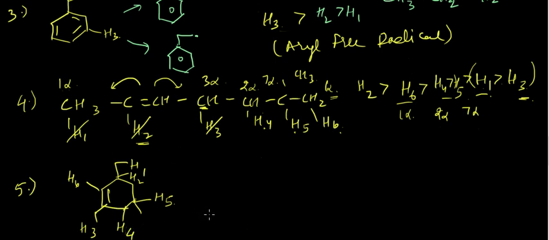As you can see, on H6, if a free radical forms, it would be the formation of a highly unstable aryl free radical. Hence H6 bond energy would be the highest. H6 is out of the picture.